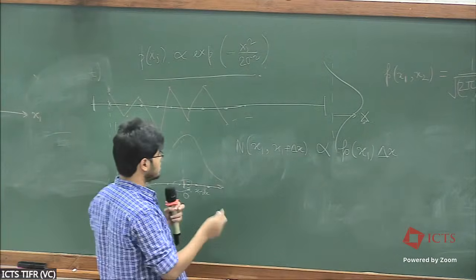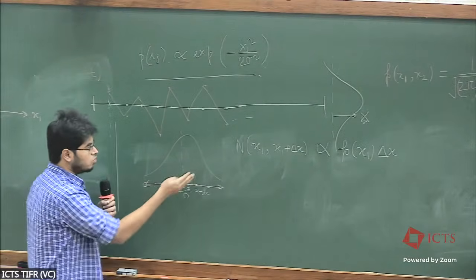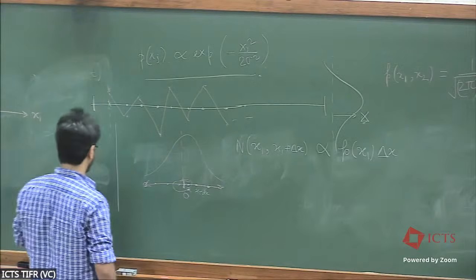This is what is meant by sampling. This number of points should grow in proportion to the value of the probability.